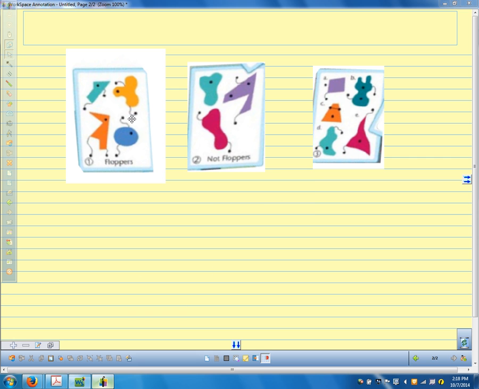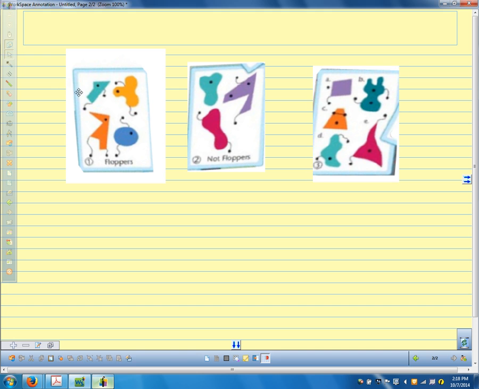All right, so let's look at this first one. Let me make this one a little bigger. I know it's a little blurry. This is an A, a B, a C, a D, and an E. Looking at this first one, what do floppers have? What makes something a flopper?